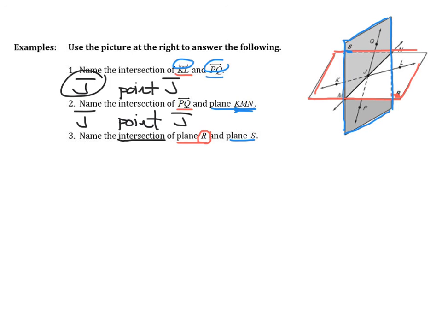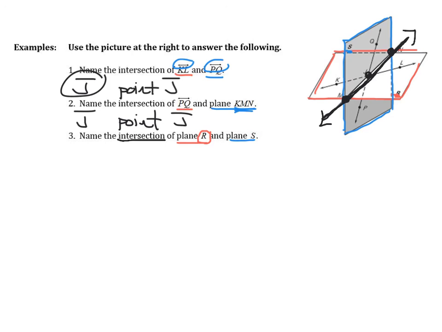We already said earlier that it looks like point N and point M are on both of those planes. But it also looks like point J is part of that as well. And if you remember what we said before, two planes always intersect in a line. So it's going to be this entire line right here.